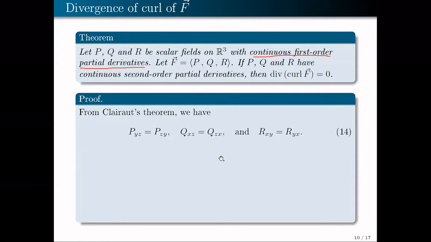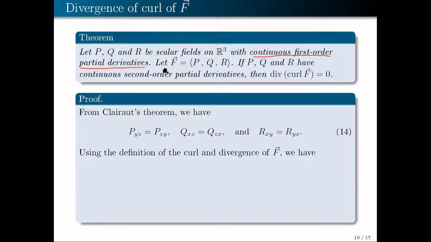So given this, let's now solve for the curl of the vector field F. The curl of F is equal to the vector R_y minus Q_z in the first component, P_z minus R_x in the second component, and Q_x minus P_y in the third component.